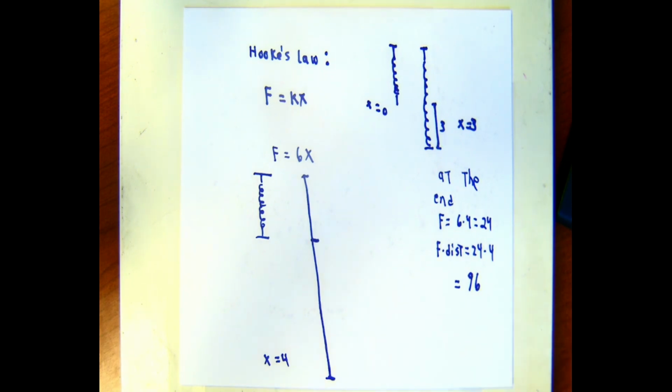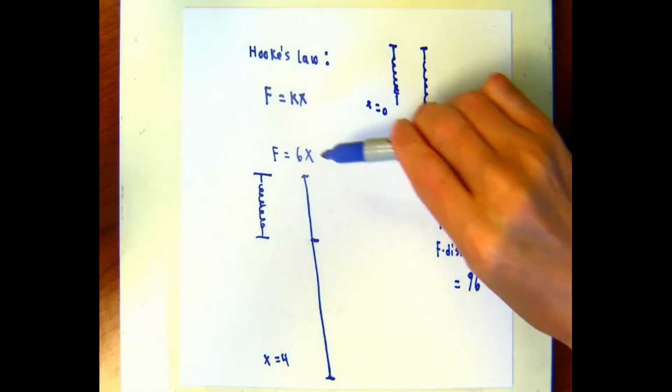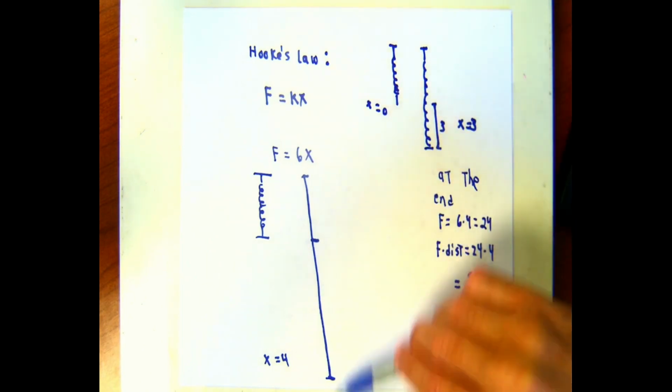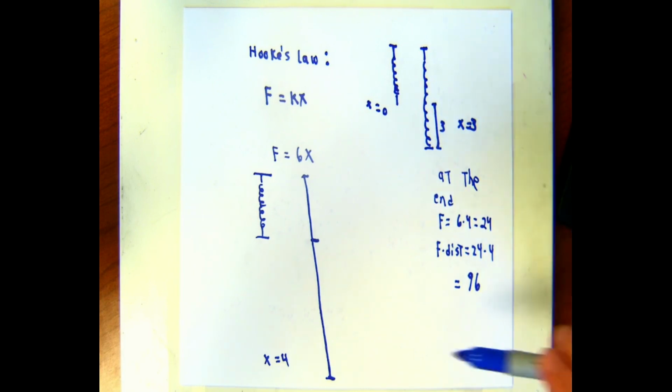At the end of this situation, the force that needs to be exerted on the spring to hold it here is 6 times the displacement from equilibrium, 6 times 4, which is 24 pounds of force. You stretched it 4 feet. It's tempting to say that the work must be just force times distance, 24 times 4, which is 96 foot-pounds. But that's not right, as I want to illustrate here.